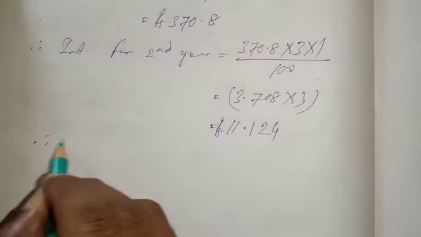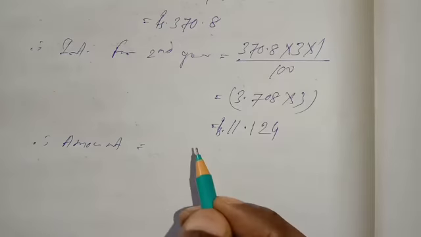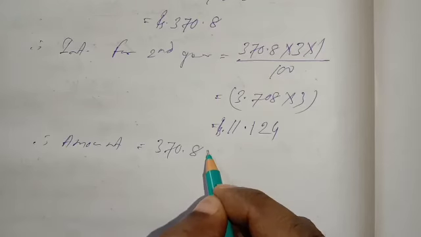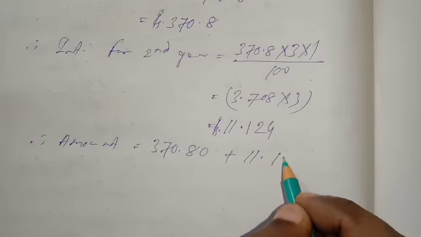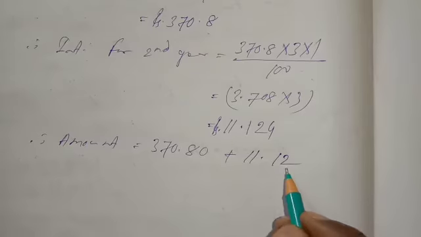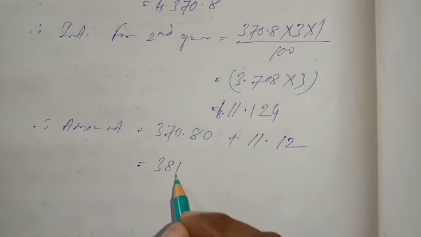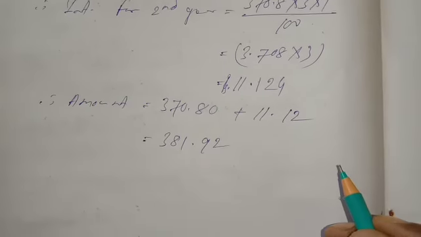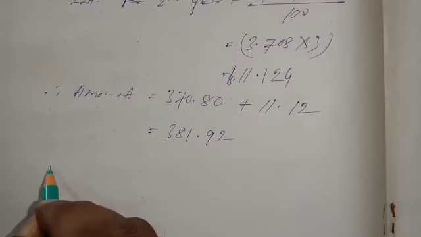Therefore amount after second year, the last principal was 370.80 plus 11.12, that means it is coming 381.92. This is the amount, and this will be the principal for third year.